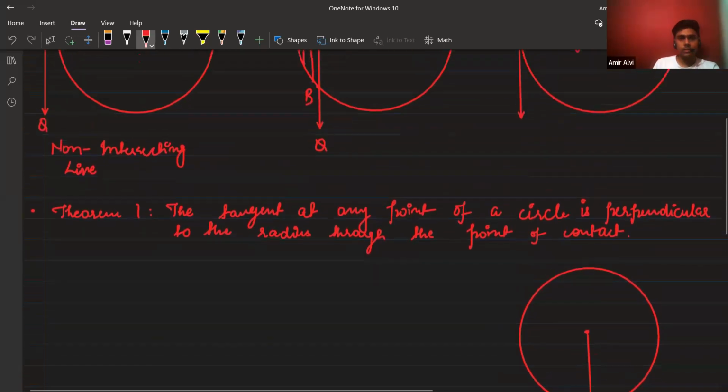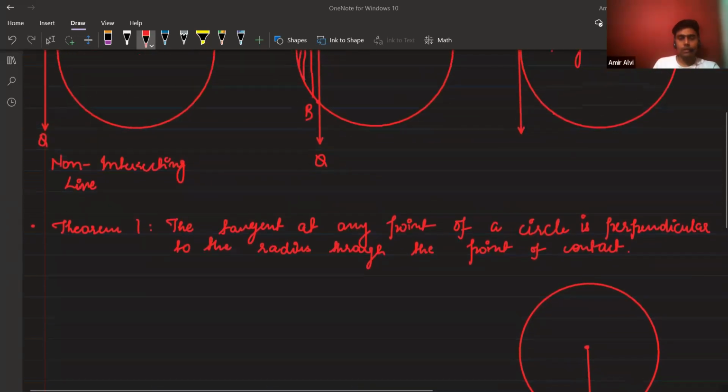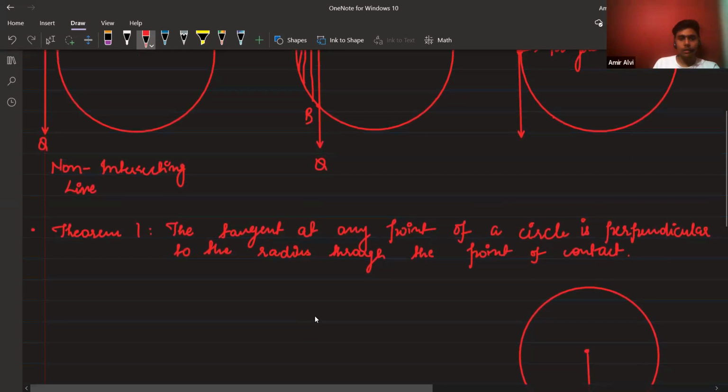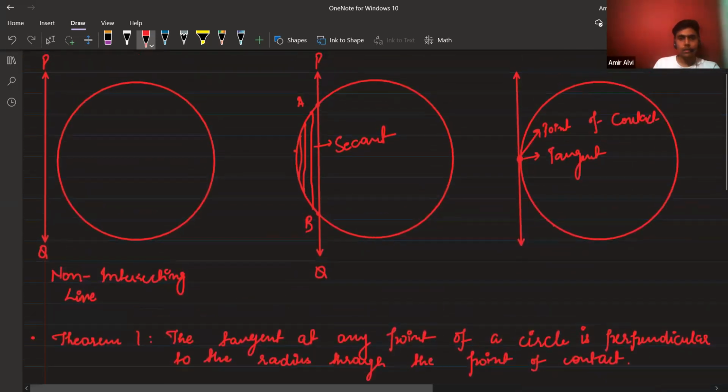Can you scroll up for just one second? Yes, thank you. Okay, do it. So basically what we need to do is prove this theorem.